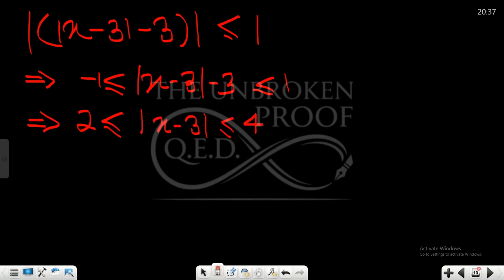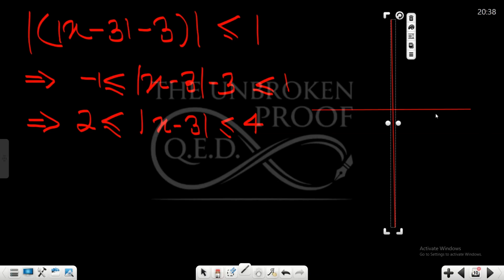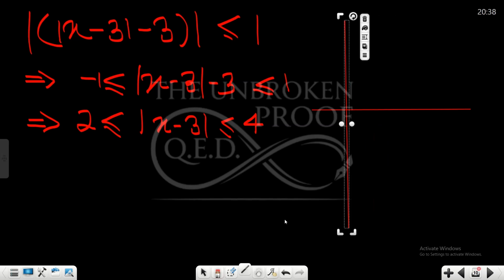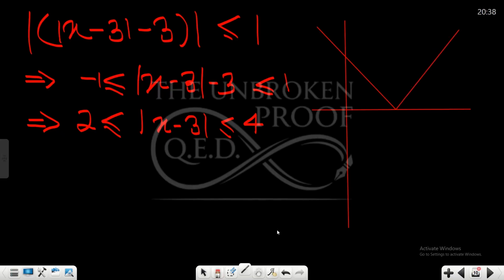Now if you plot this graph of mod of x minus 3, you will get something like this. Let me draw it. If this is the x-axis and y-axis, then your mod x minus 3 is going to be something like this, where this will be 3 and this will also be 3.